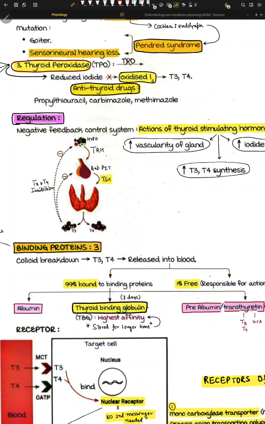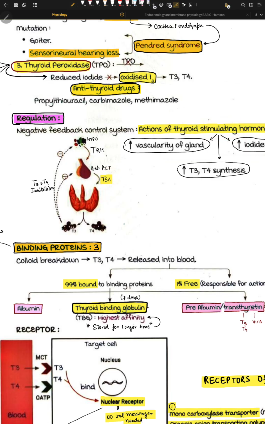What happens is that the hypothalamus produces TRH, right? This TRH stimulates the anterior pituitary, and this anterior pituitary produces TSH, and this TSH goes to your follicular cells and tells them to make T3 and T4.